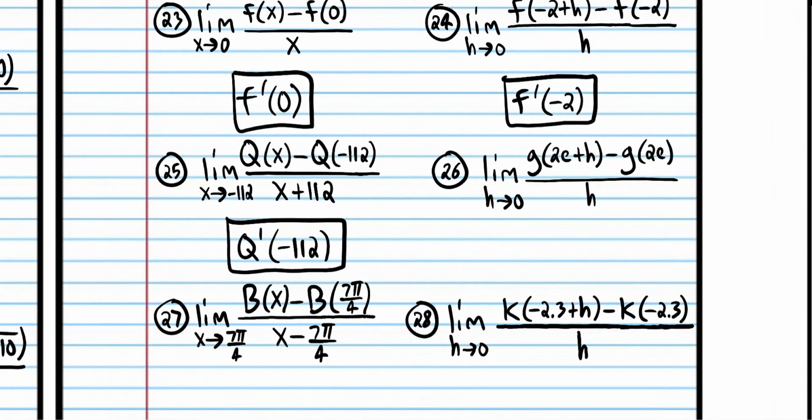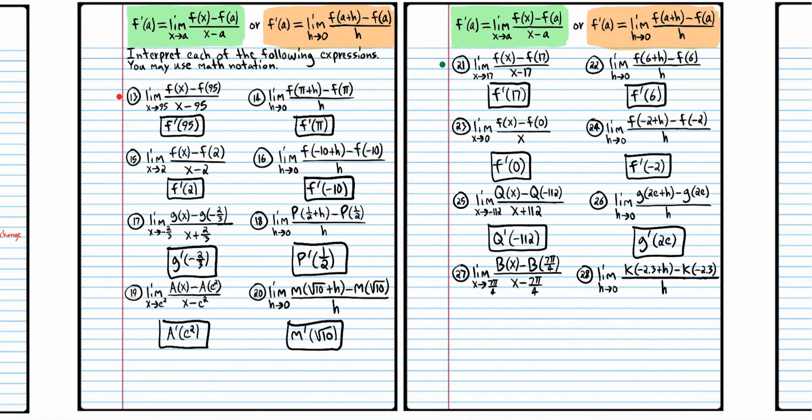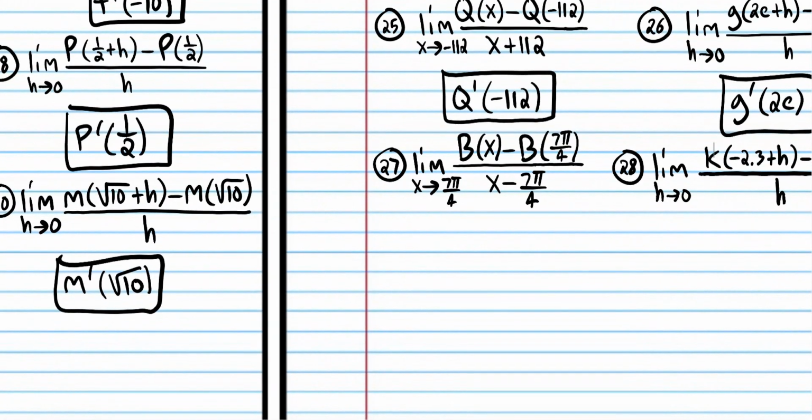All right, we're back. So this expression represents the derivative of the function when x is equal to 2e. So if you got that right, excellent. Try number 27. When you come back, we'll do it together. Okay, we're back. This expression represents the derivative of the function when x is equal to 7 pi over 4.